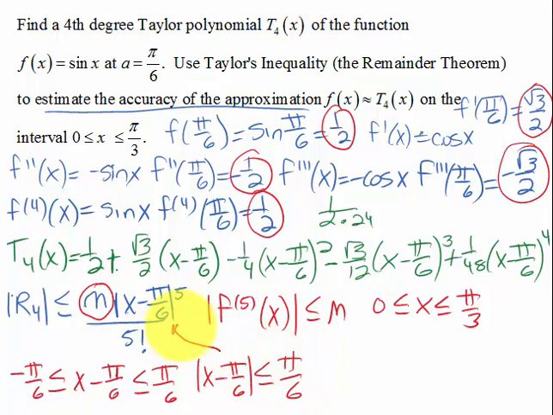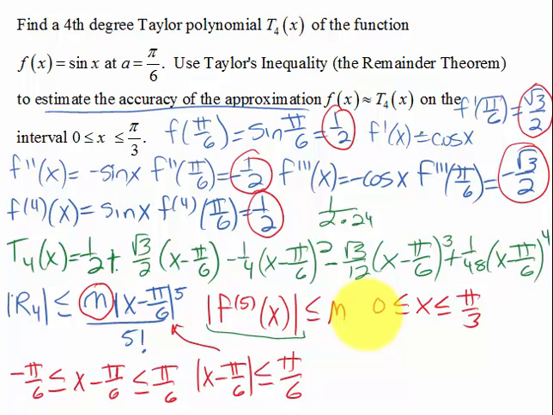So that's going to be helpful to us for approximating here. But now as we look at what we could use here, well, the fourth derivative was sine x, so the fifth derivative is going to be cosine x. And thinking about cosine, the maximum it would ever be would be a 1.